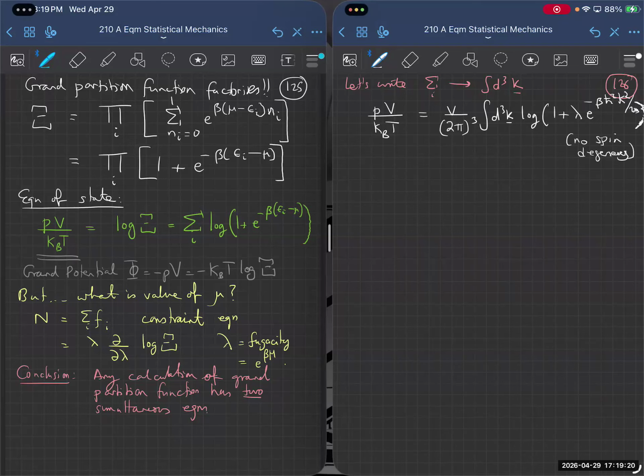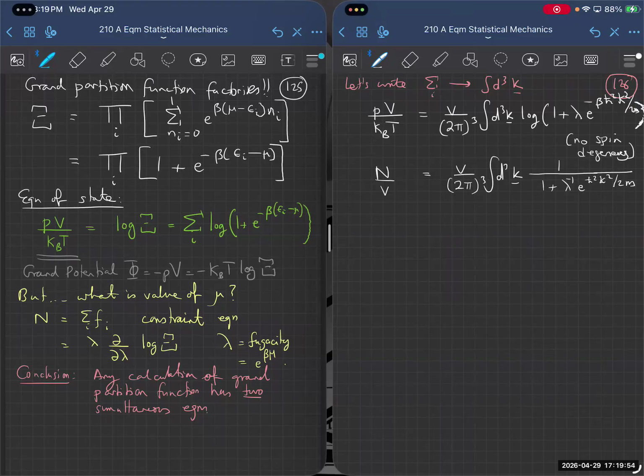And then the constraint equation is N over V equals V over 2 pi cubed, integral d3k of 1 over 1 plus lambda to the minus 1 e to the beta h bar squared k squared over 2m.